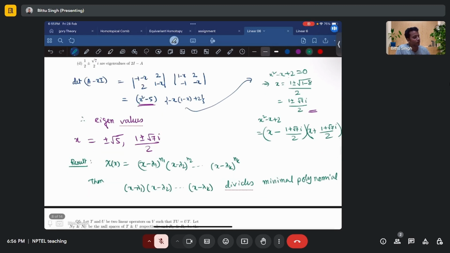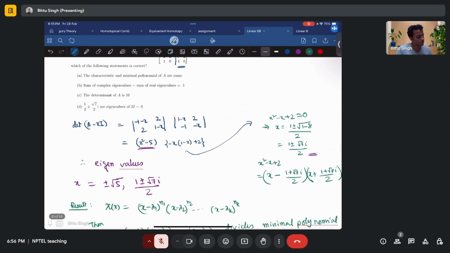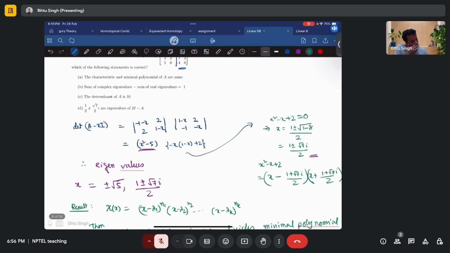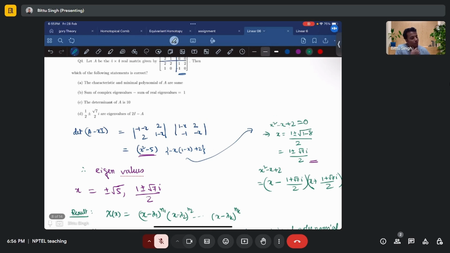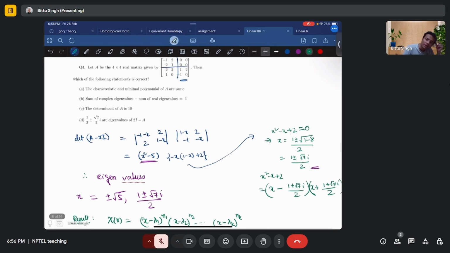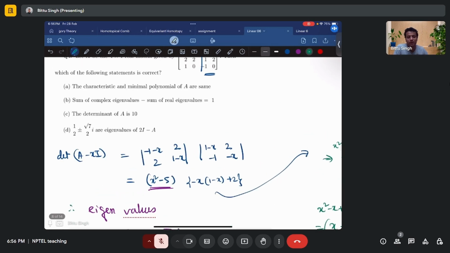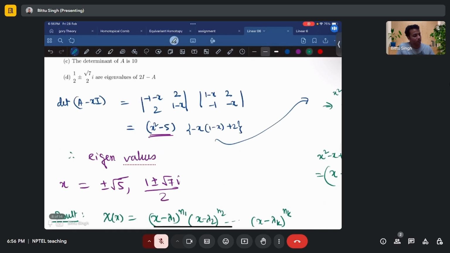From here it is clear that if all those eigenvalues are distinct, right, there are 4 distinct eigenvalues, then the characteristic and minimal polynomial, those two will be the same, because in the minimal polynomial all those factors will occur at least one time, but occurring at least one time will give the same polynomial as here.